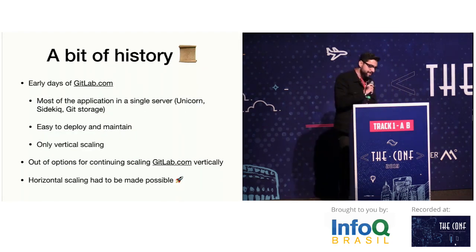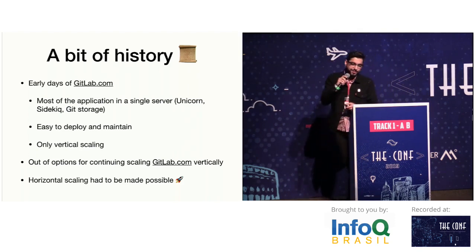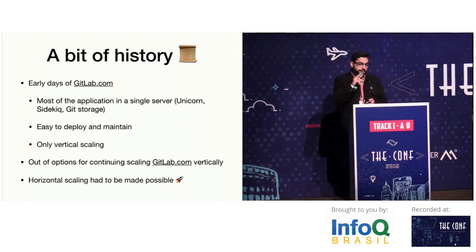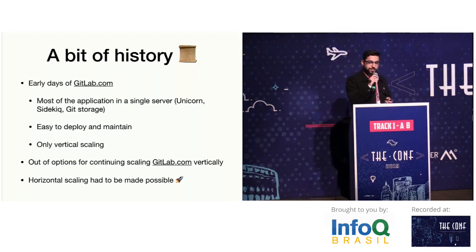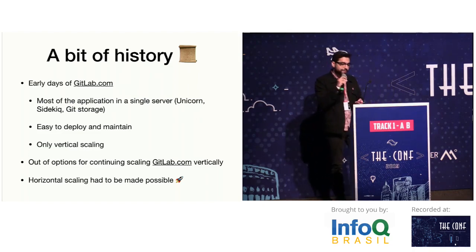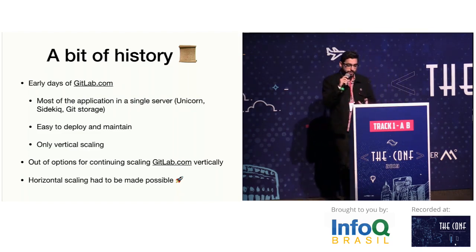At the beginning, GitLab.com was running on a single server. So imagine a typical Rails application, right? You start out and you have your Unicorn, you have Sidekiq, you have Git storage, you have a bunch of stuff in a single server. It's easy to deploy and maintain, but it's really hard to scale, right? To put everyone on the same page, with vertical scaling we can reach some limit at some point based on the hardware that we use.